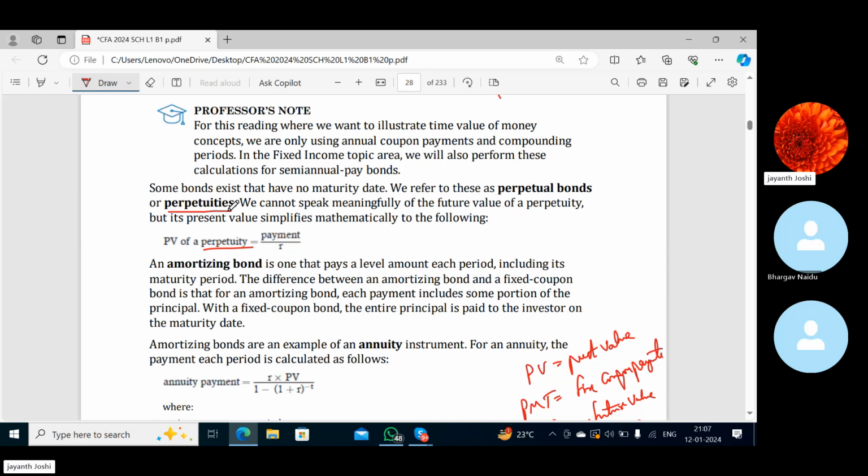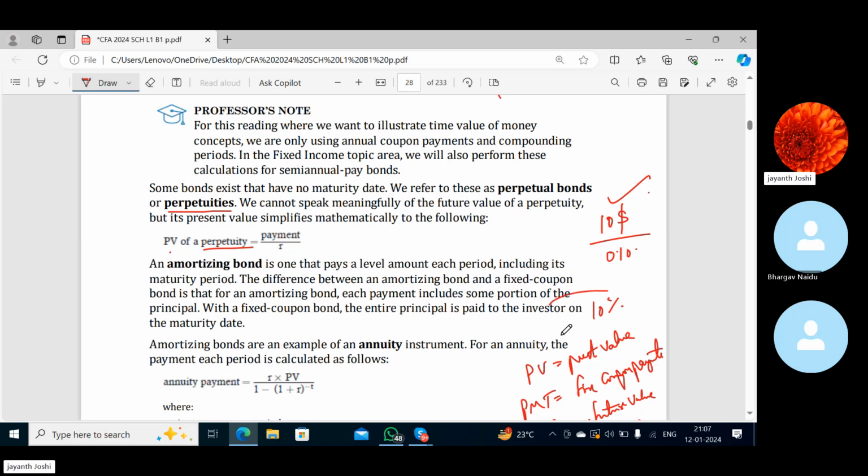Okay, so how it goes, I'll tell you. Present value of perpetuity. Let's say the company has promised to pay $10 to the lenders for the entire lifetime at the rate of 0.10, that is 10%.